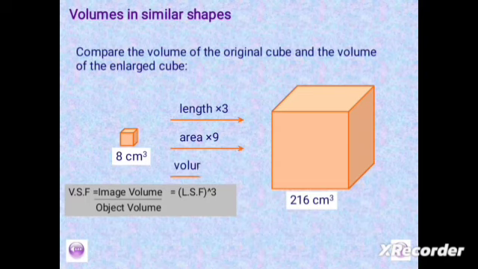So this means that the bigger cube has been enlarged 27 times larger than the smaller cube in terms of volume, because volume scale factor is equal to linear scale factor cubed, and the linear scale factor is 3. So 3 cubed is 27, so that is the volume scale factor in this case.